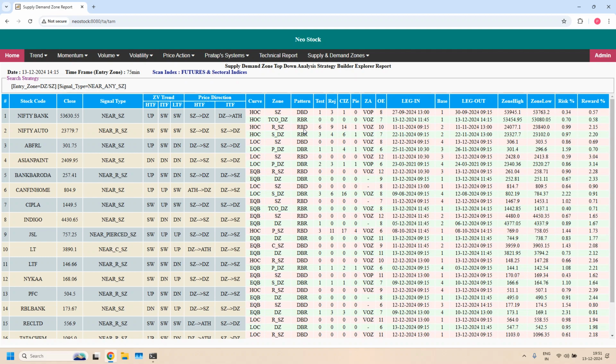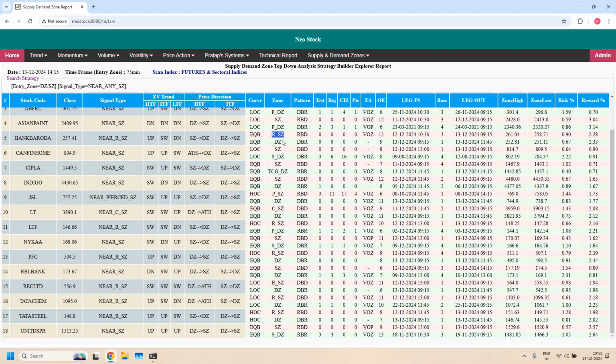Nifty and other peers are not useful. Bank of Baroda is having a 75 minutes high liquidity supply zone. L&T is having a 75 minutes supply zone. L&T is also having daily, right? Next, L&T Finance is also having high liquidity supply zone.